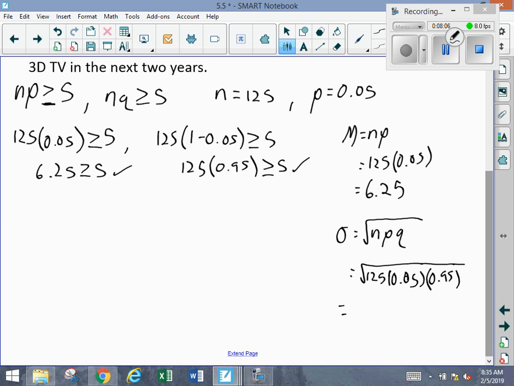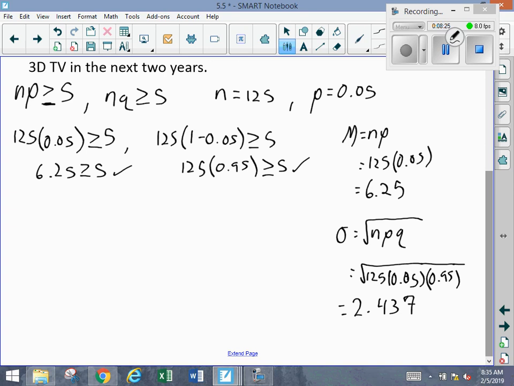Taking it slowly, we'll call it the square root of 125 times 0.05 times 0.95. Square root of all of that turns out to be 2.437 if you put that in.